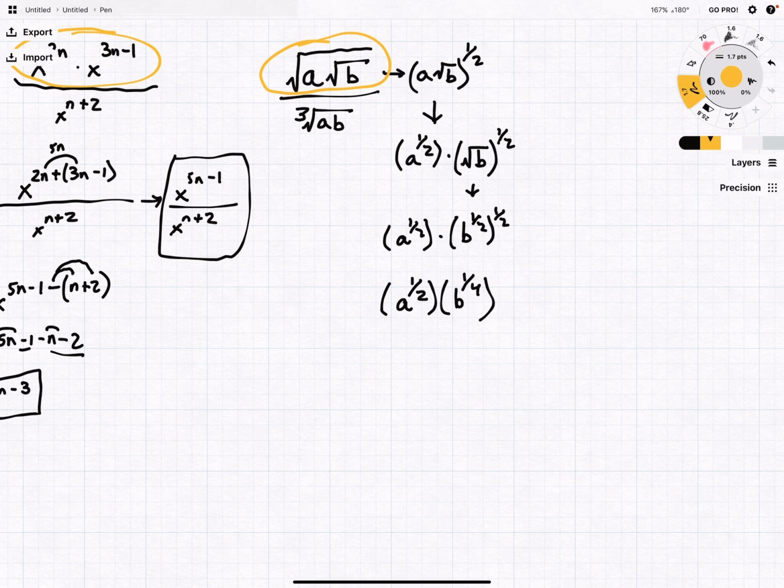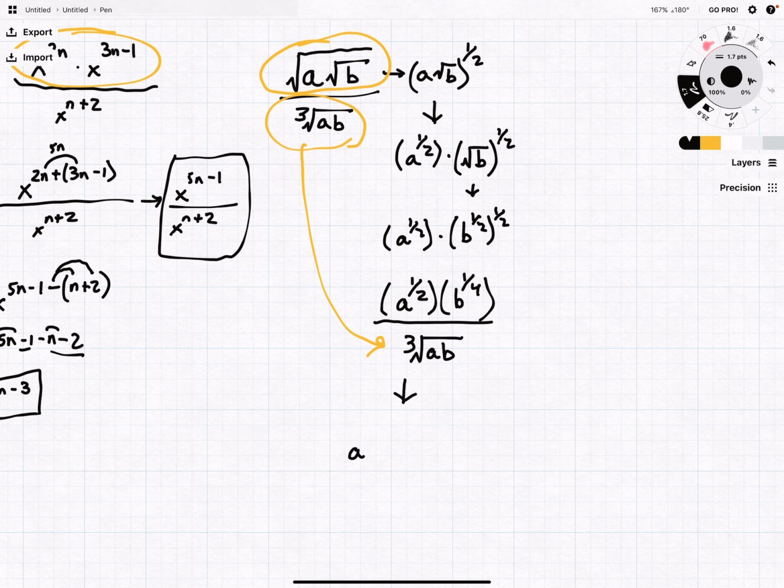So now let's go ahead and drag the denominator down here as well. And again, here we see the cubed root of A times B. So I'd like to split that up as well. So we have our whole fraction, A to the 1/2, B to the 1/4, all over A to the 1/3 times B to the 1/3.